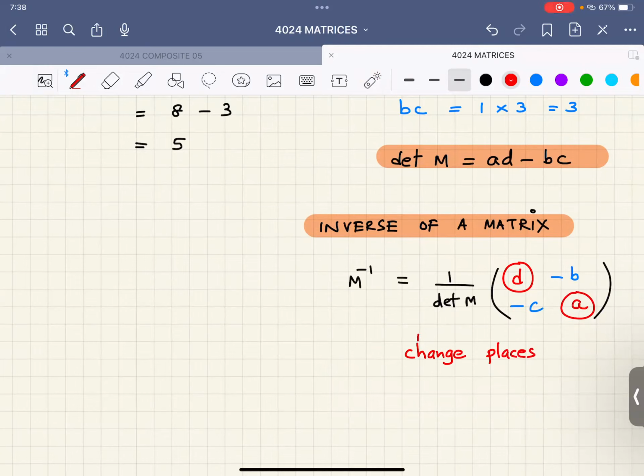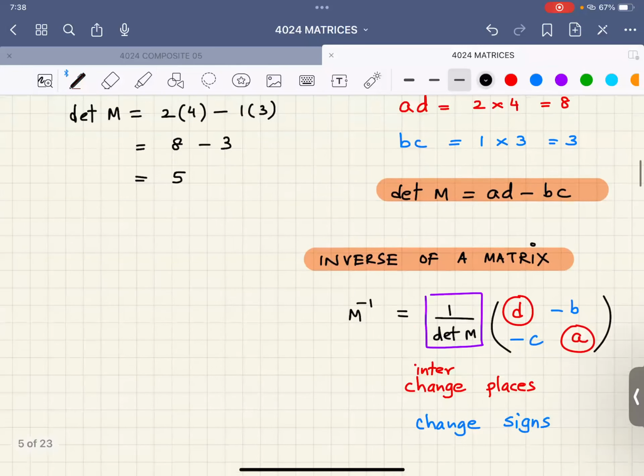The interchange, that is a better word. The interchange places. And what about the blue one? Change signs. And then on the outside, this is 1 over determinant of M.